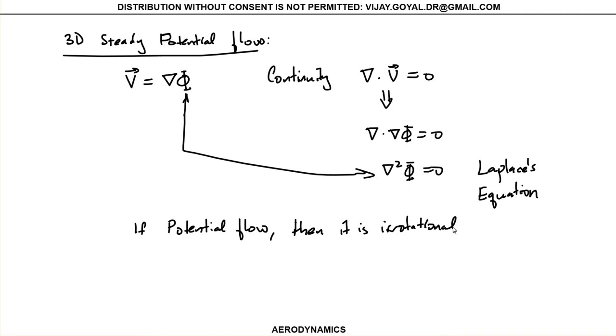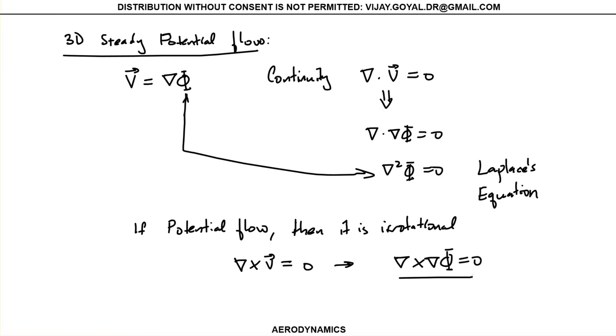So we cannot have a potential flow for rotational flows. The condition for irrotationality is that this is equal to zero. Then the curl of the gradient of phi has to be zero.